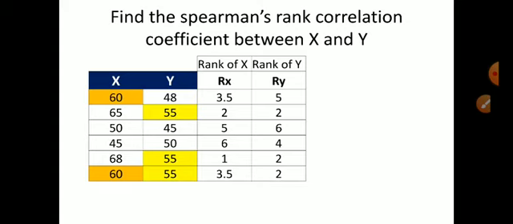See here. In the x series, the first rank goes to the highest number, 68. The second rank will be 65, but the third and fourth ranks are repeating, that's why 60 and 60, that is third and fourth, the arithmetic mean will be 3.5 and 3.5.